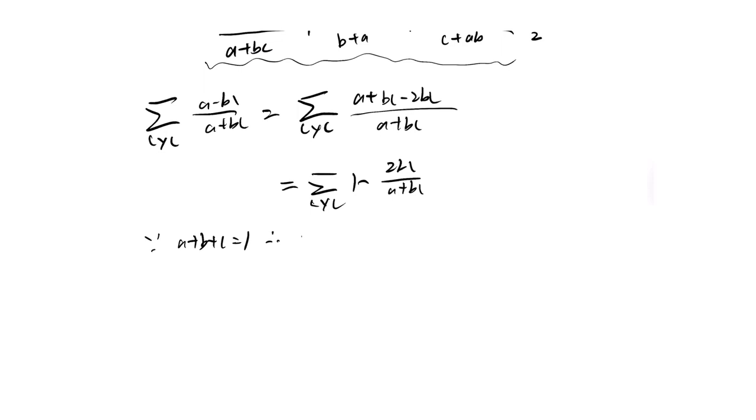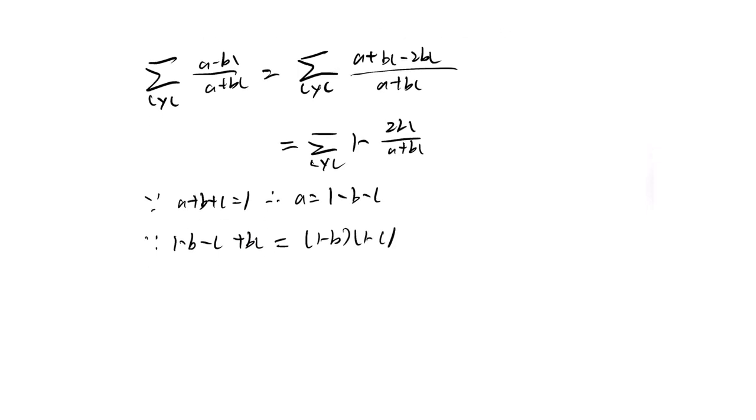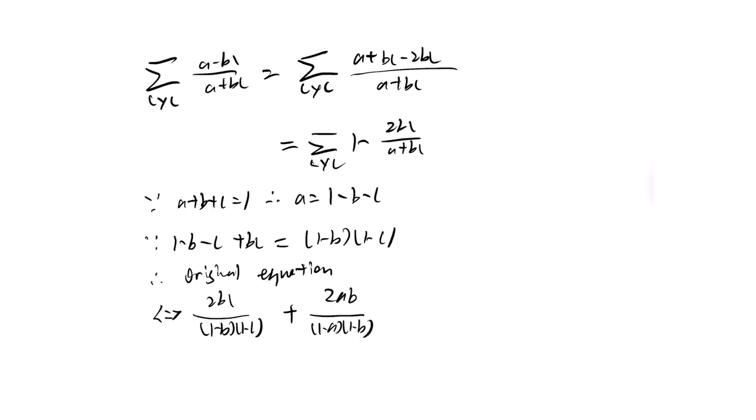So we have a equals 1 minus b minus c, and since 1 minus b minus c plus bc is equal to (1 minus b)(1 minus c), the original inequality will be equivalent to bc over (1 minus b)(1 minus c) plus 2ab over (1 minus a)(1 minus b) plus 2ac over (1 minus a)(1 minus c), which is larger or equal to 3 over 2.